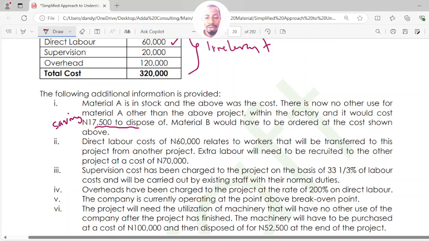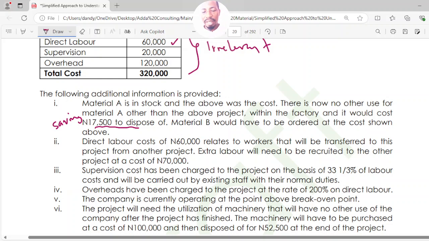However, examiner has told us that extra labor will need to be recruited to the other project at a cost of 70,000 naira. You are moving some workers from their current position to come and execute this order. Therefore, you are now recruiting another labor to go and replace them where they are currently working.